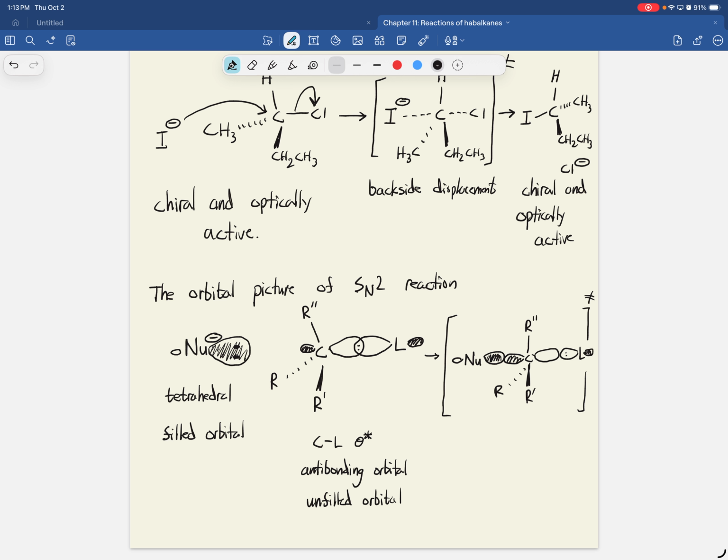Okay, so the reason why it looks like this is because only certain color lobes can interact. So it has to deal with the sign, orbital overlap, right? Because what happens when we have waves of the same sign? When they interfere with each other, what's that called?